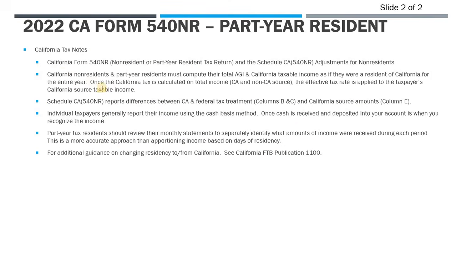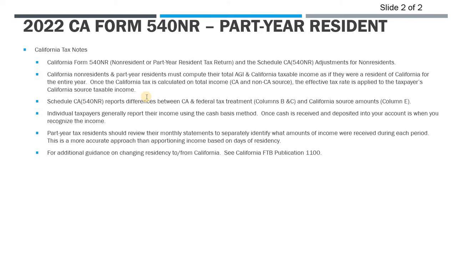So California non-residents, California part-year residents, you have to compute your total AGI and your California taxable income, again, as if you were a resident of the state for the whole year. And once your amount of California tax is calculated on that total income, so the CA and the non-California source pieces, that effective tax rate is then applied to the California source income.